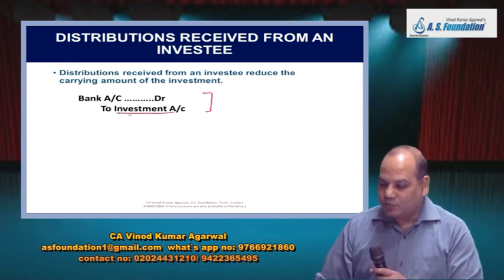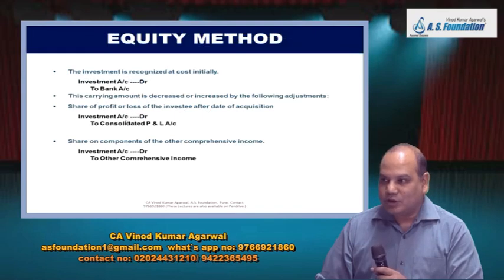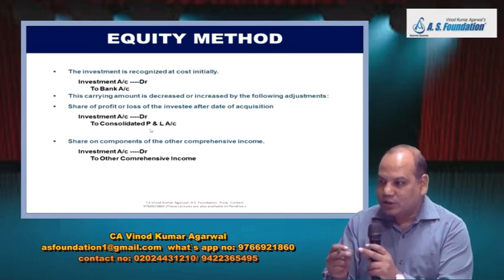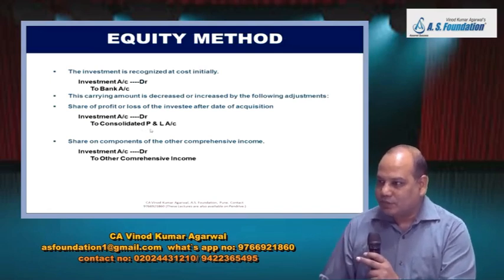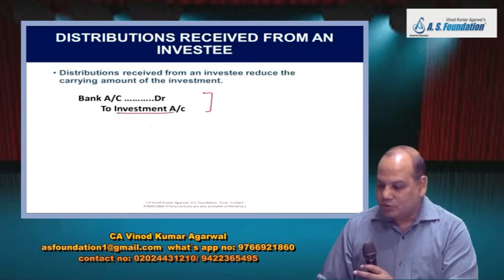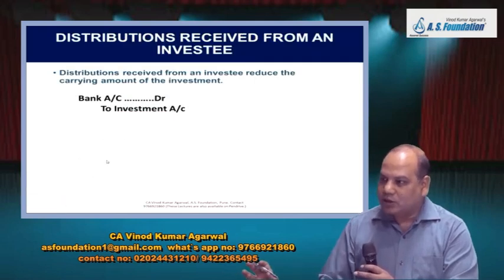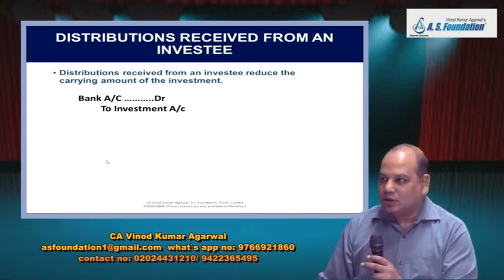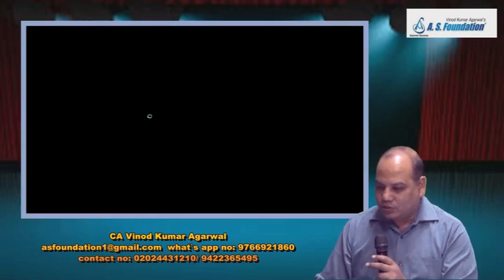If you write bank to P&L account, there is a double entry in the P&L account: one for your share in the profit and second for your share in dividend also. So the profit and loss account gets double impact for the same profit. But that is wrong. So we will always see: if their net asset goes up, our investment goes up. If their net asset falls, our investment value will fall.